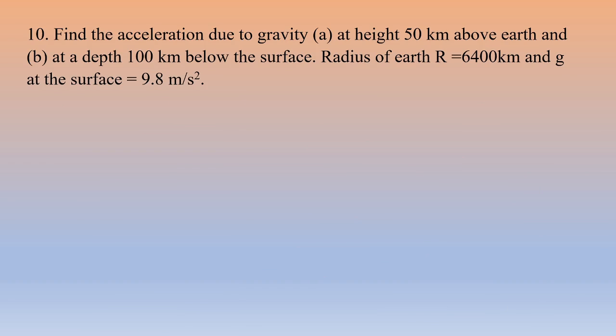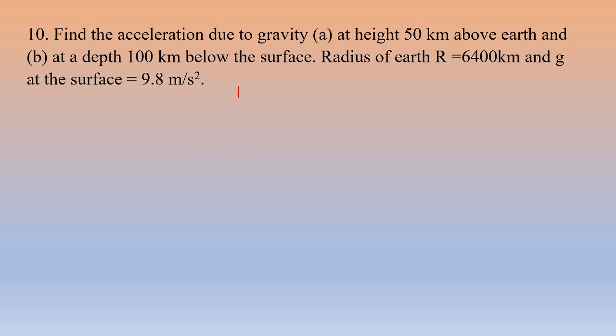The next one. Find the acceleration due to gravity at a height 50 km above the earth and at a depth 100 km below the surface. The radius of earth is capital R, that is 6,400 km, and small g at the surface is 9.8 meter per second square. Here we have the values.